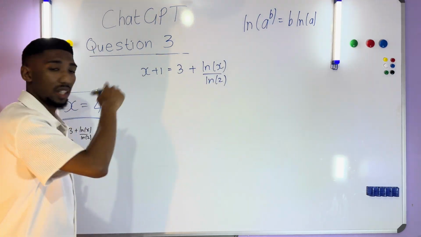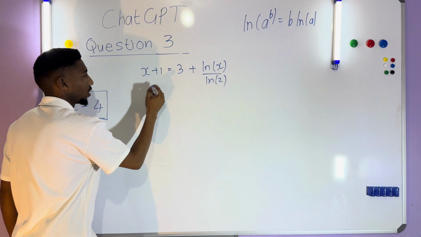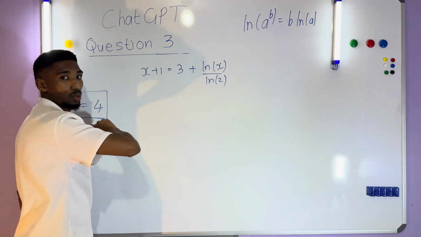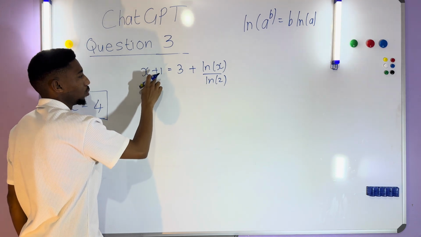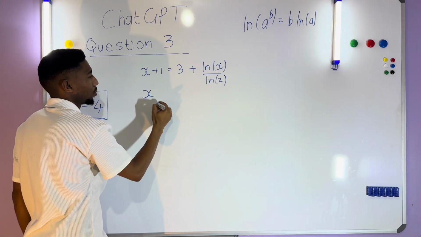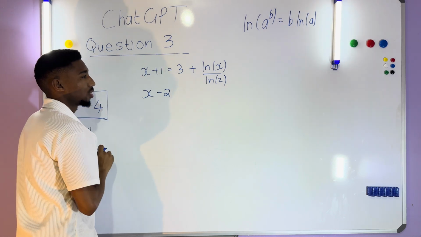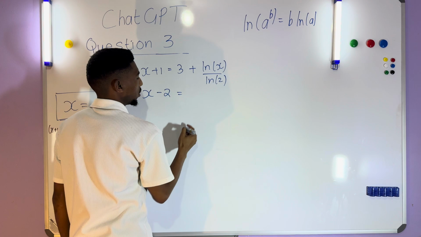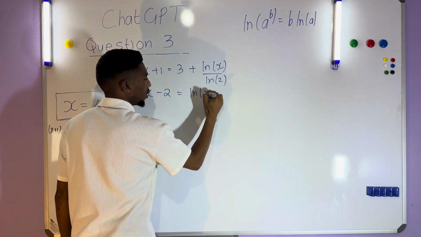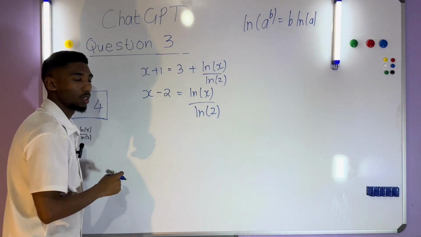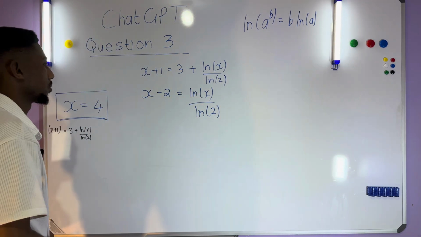We're going to take the 3 over. We're taking the 3 over, it's a plus 3, so it's going to change to a negative 3. So we have 1 minus 3, and we end up with minus 2, equals ln x over ln 2.